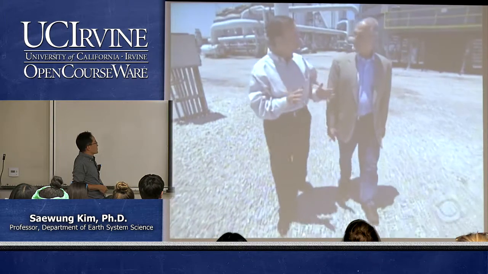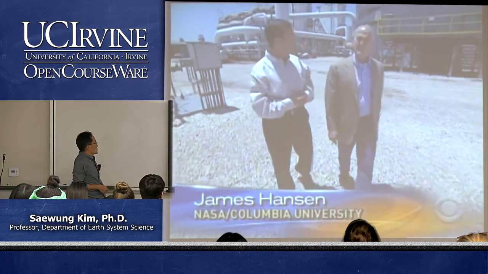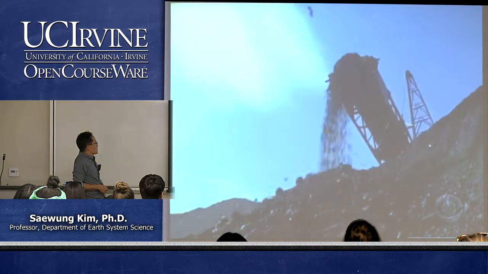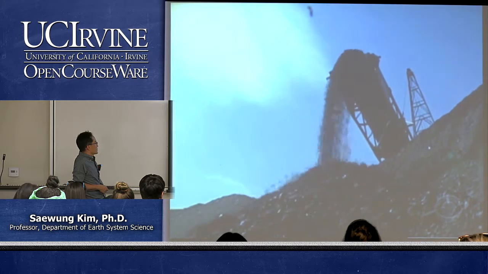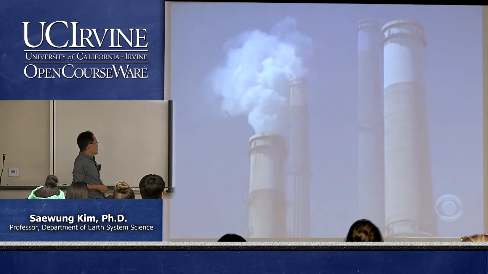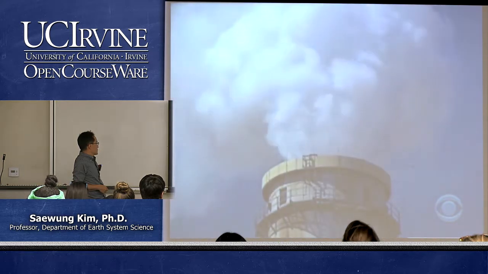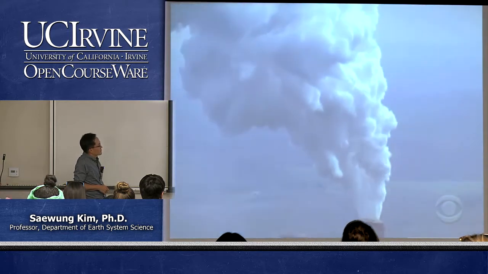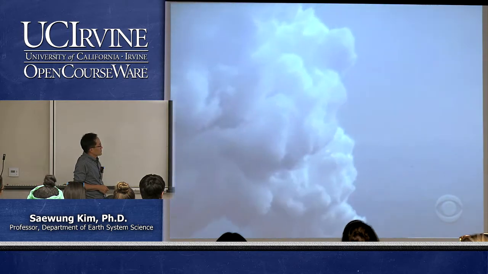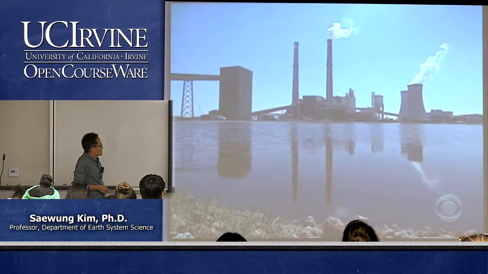You can do it much cleaner than with the conventional coal technology. That's the good news. Here's the problem. There is no such thing as clean coal today. James Hansen, NASA's expert on global warming, says all coal plants, even Tampa Electric's, still emit millions of tons of carbon dioxide, the most threatening greenhouse gas. There's no coal plant that captures the carbon dioxide, and that's the major long-term pollutant.